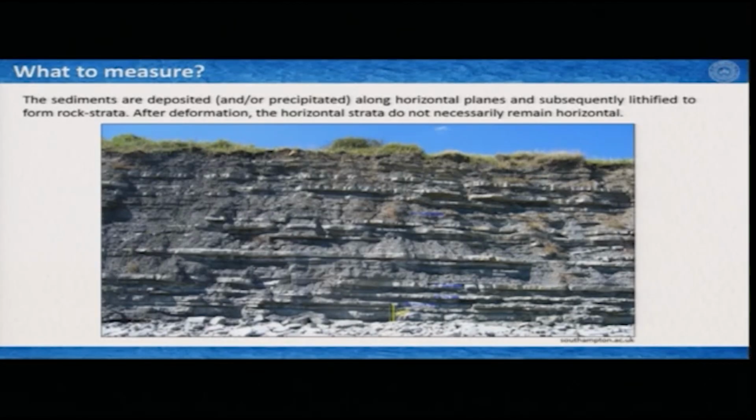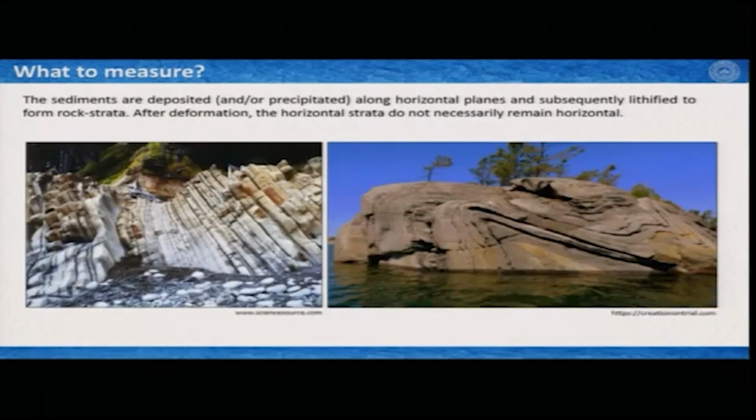So if they do not remain horizontal, that means there must be some sort of deformation in large or small scale. So in this image we see that these layers are essentially horizontal, and if these are horizontal, there is no problem. These rocks are probably not deformed, or even if they are deformed, they remained as they are. However, you must have seen in the field, or if you go to a deformed terrain, for example in Himalaya, you must have seen that most beds are tilted towards the north side in the Himalaya.